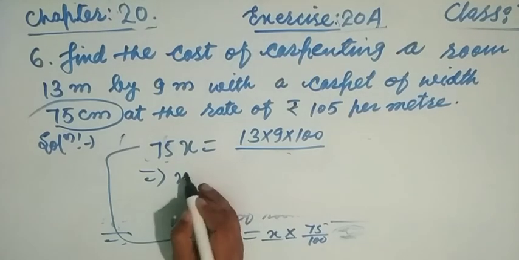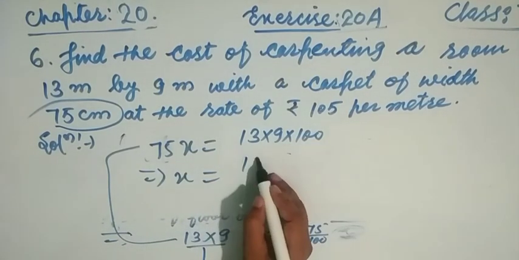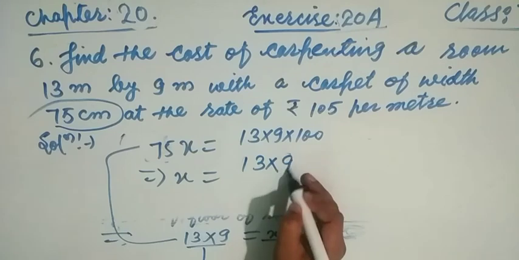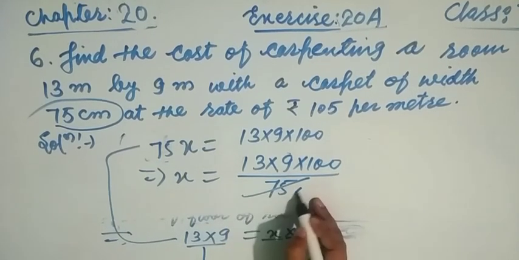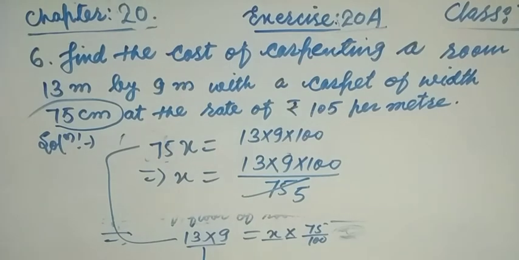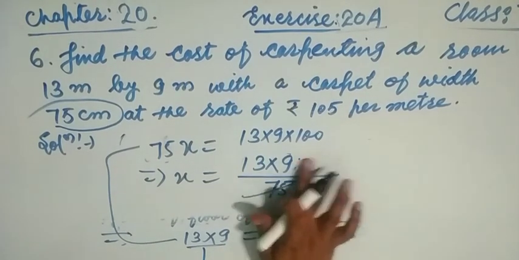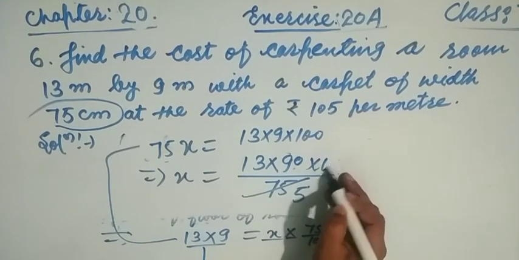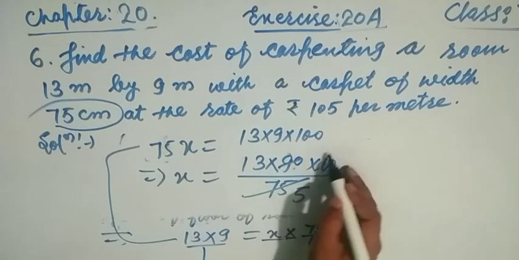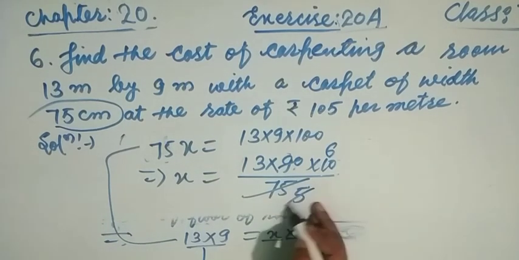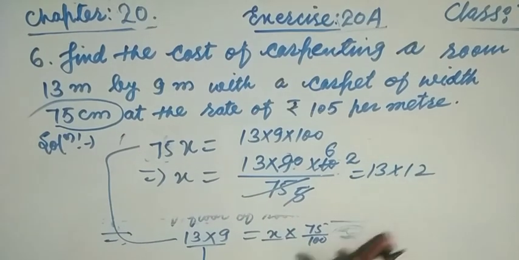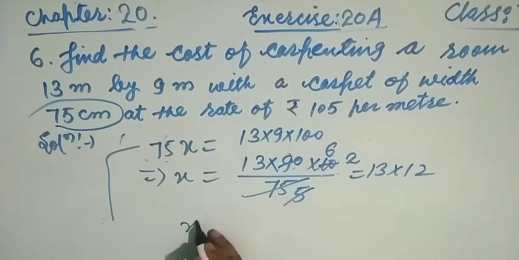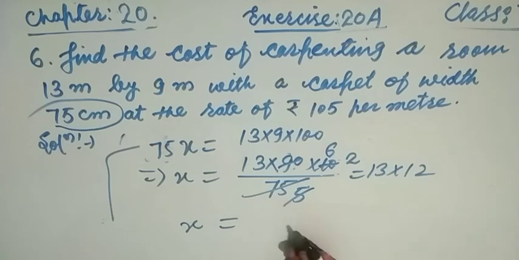Now here x is equal to, friends, look at this, 9 multiplied by 100 as it is, and this is 75, so 15 fives are 75, and 15 sixes are 90, and 5 twos are 10, so here 13 multiplied by 12. Now x is equal to 13 multiplied by 12.